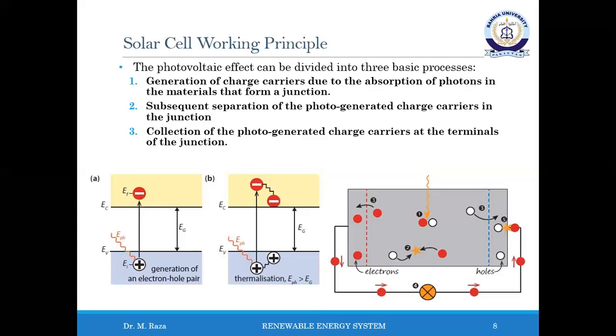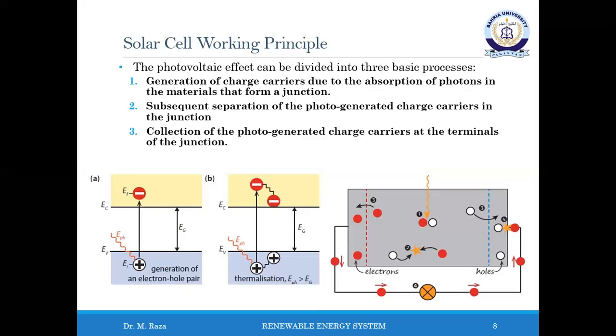Finally, the charge carriers are extracted from the solar cell with electrical contacts so that they can perform work in an external circuit. The chemical energy of the electron-hole pair is finally converted to electrical energy. After the electrons pass through the circuit, they will recombine with holes at a metal absorber interface.